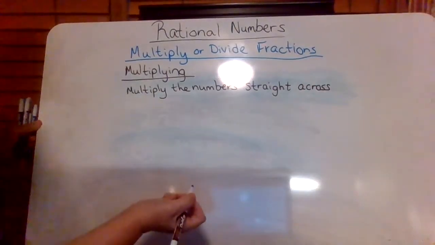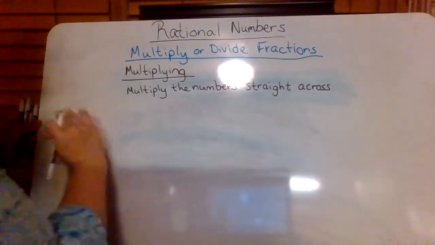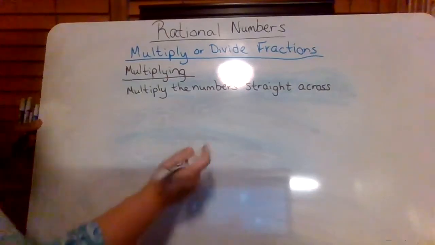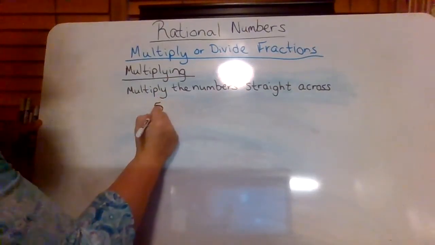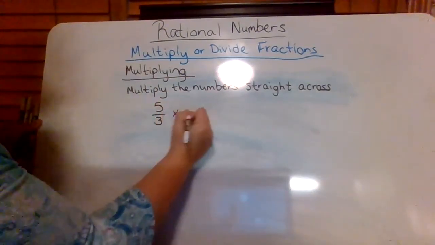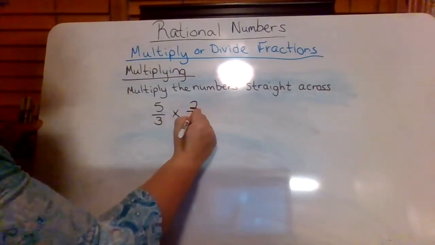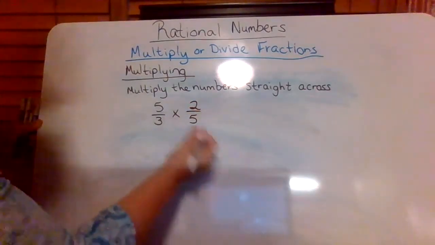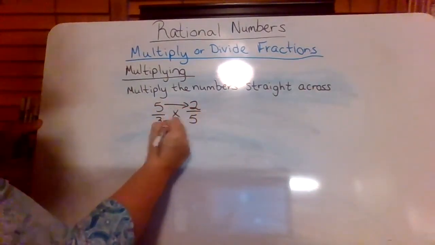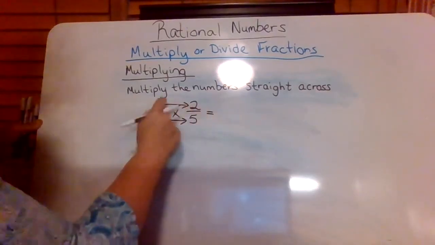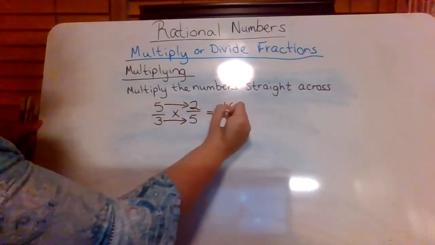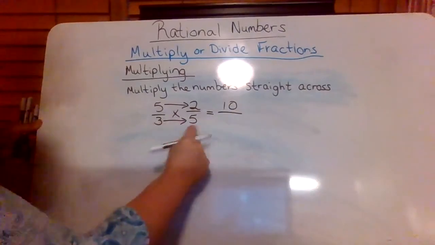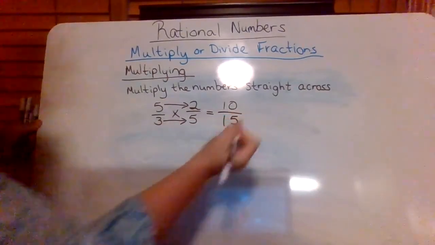And that's literally it. So if I give you, and I'm going to go ahead and give you converted fractions right now. So if I give you 5/3 times 2/5, you literally multiply straight across. So 5 times 2 is 10. 3 times 5 is 15.